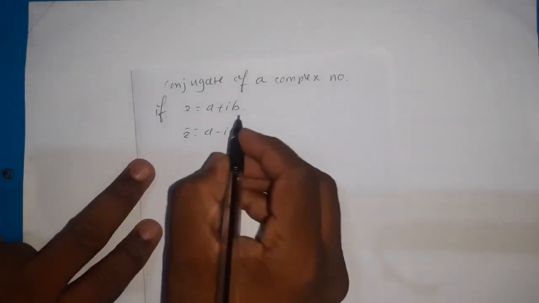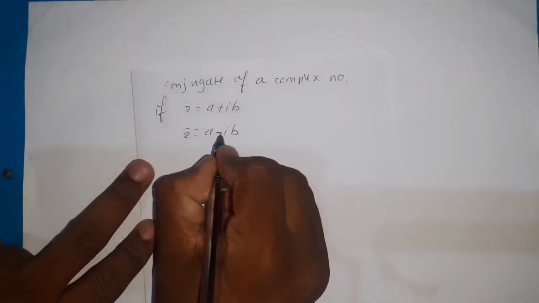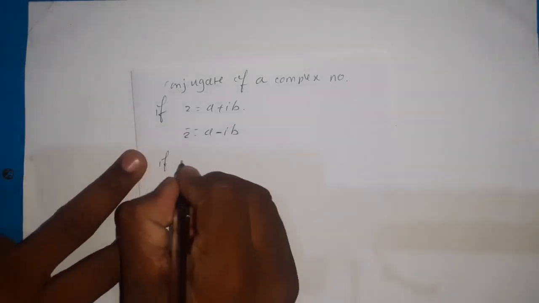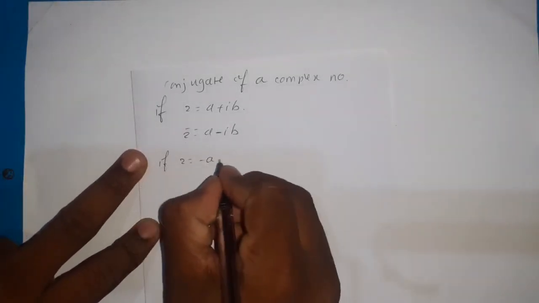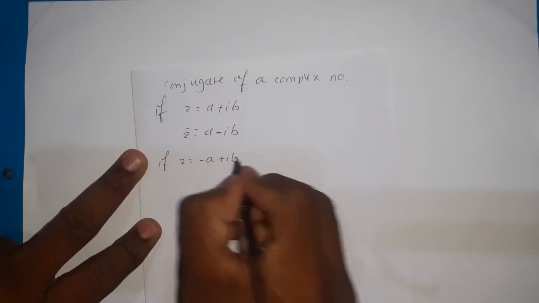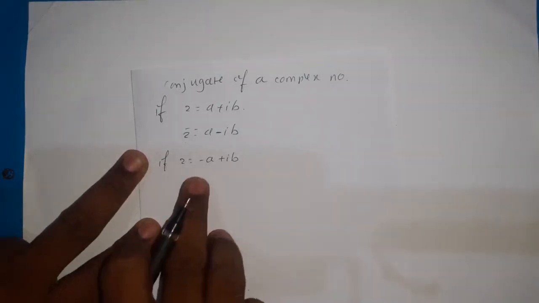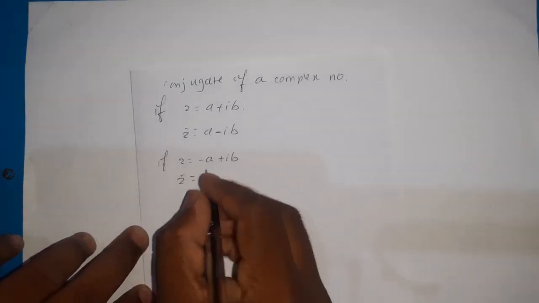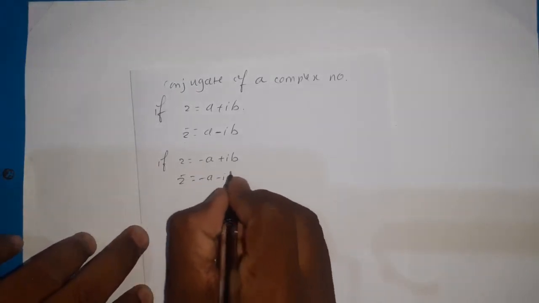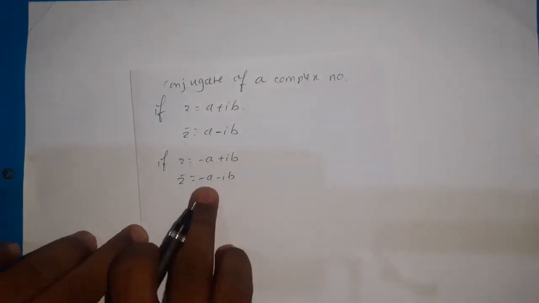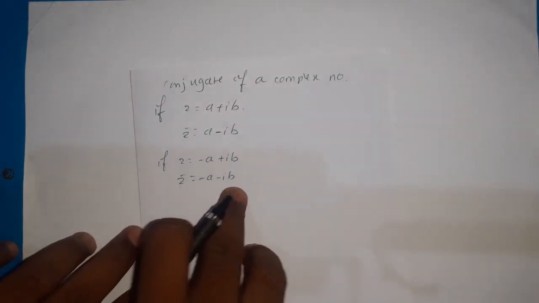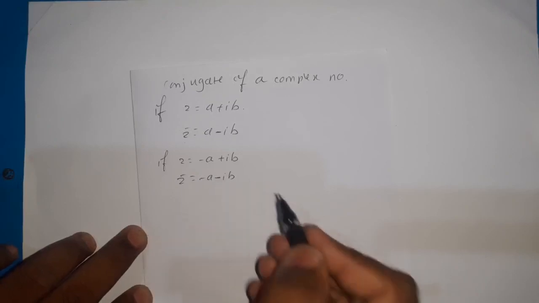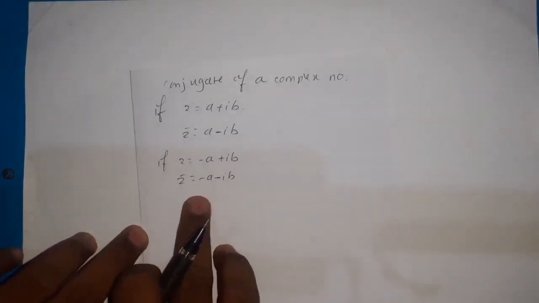So here we are applying this negative sign only for the imaginary part. Suppose if z equal to minus a plus ib, then z bar is equal to minus a minus ib, and it is not equal to plus a minus ib, because we are going to apply the negative sign only for the imaginary part and not for the real part.